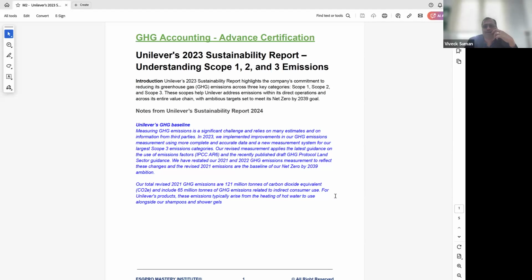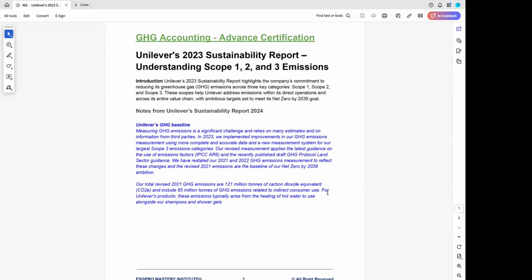And for that they had to measure their GHG emissions. They did that, and in 2023 they had implemented some improvements in the GHG emissions. They have considered a baseline, which you taught us yesterday, that a baseline of some year has to be taken for the measurement. They have taken the year 2021.